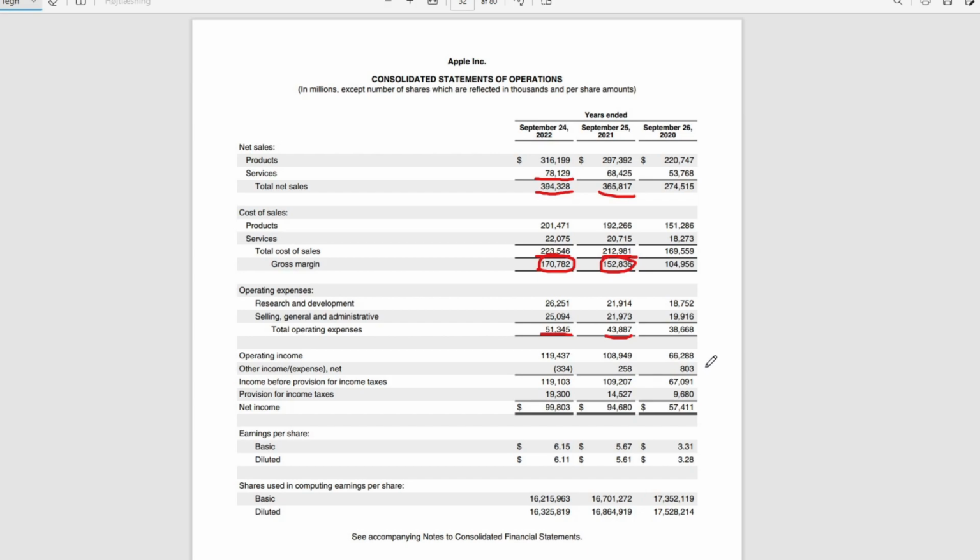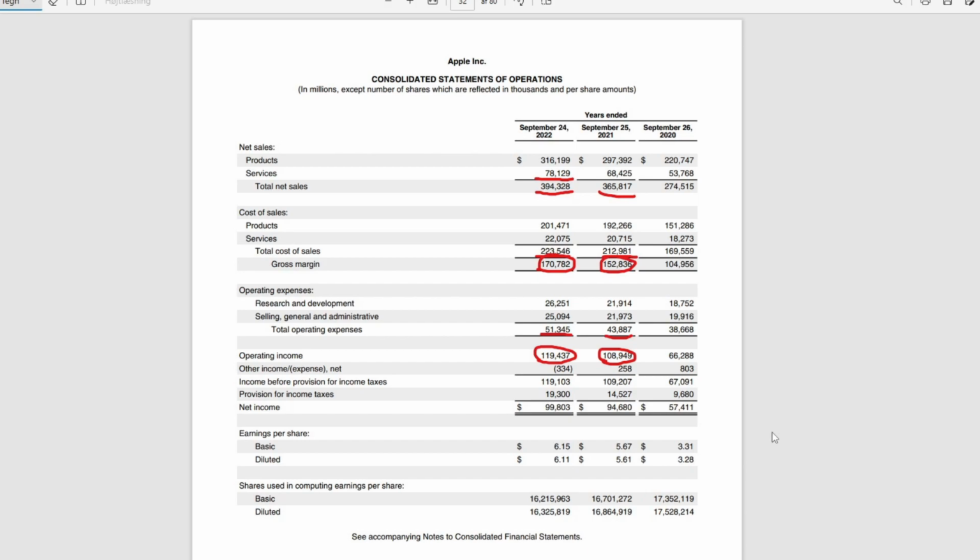After deducting the operating expenses from the gross profit, we arrive at the operating income section. Apple's operating income for 2022 was $119 billion, up from $108 billion in 2021. This represents the profit that Apple has made from its operations before taking into account other income and expenses.